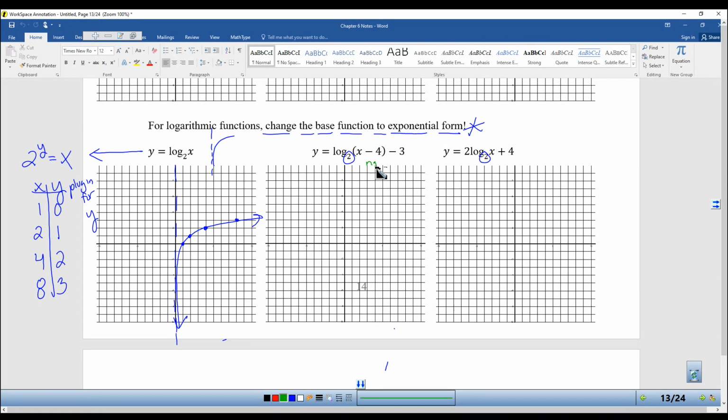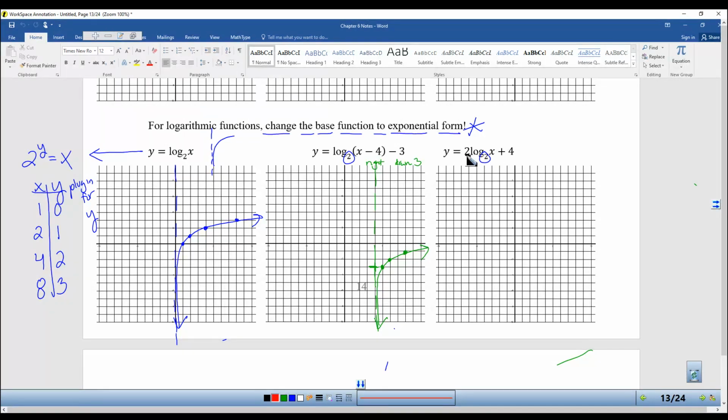So this one's going to go to the right 4 and then down 3. So right 4, down 3. Here's my new origin. I make my asymptote. I have an idea what it's going to look like, but I'm going to use these points right here. Oops, not (1, 0). Way down here. (1, 0), (2, 1), (4, 2), and I can't fit the (8, 3), so I can stop there.